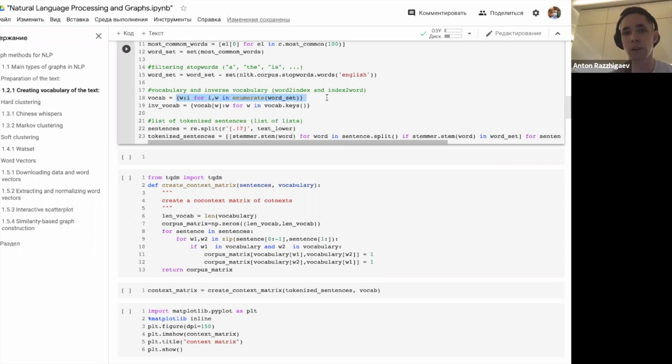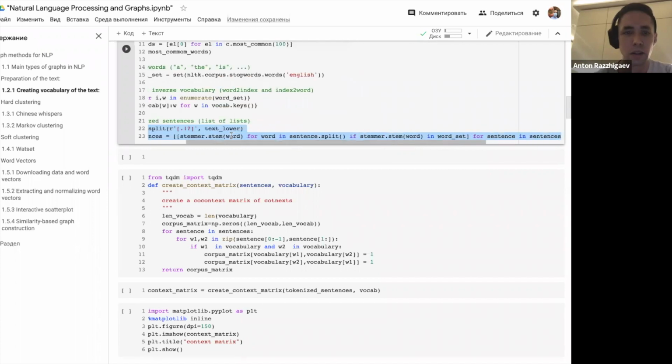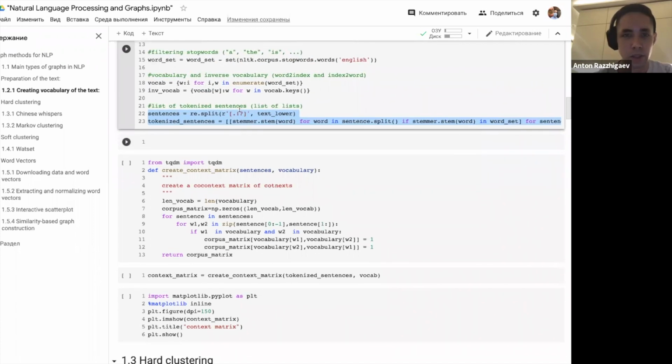So every word has a corresponding number, and this inverse vocabulary does the opposite. It creates a mapping from indices to words from our set. And the last step is tokenization of sentences. So we obtain a list of lists of tokens.